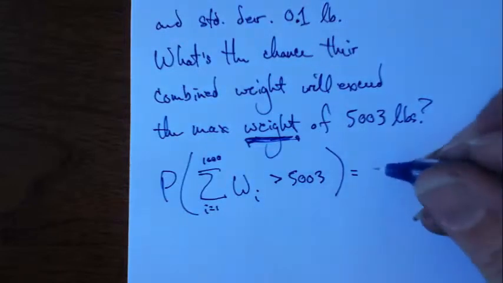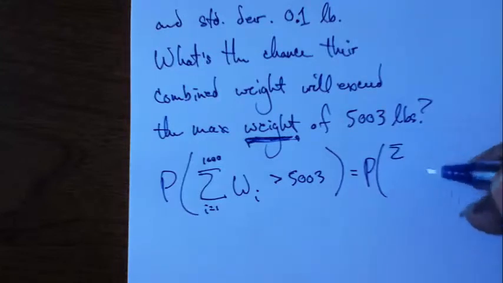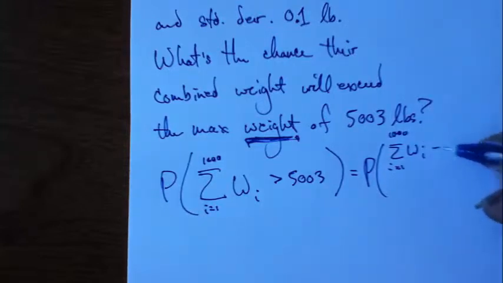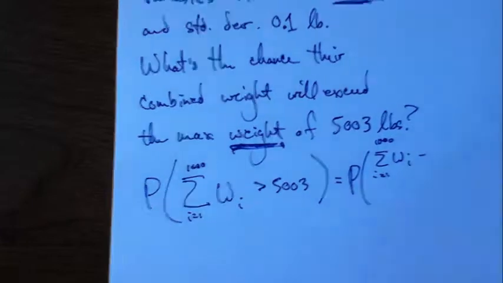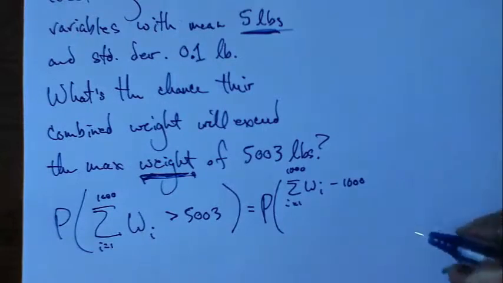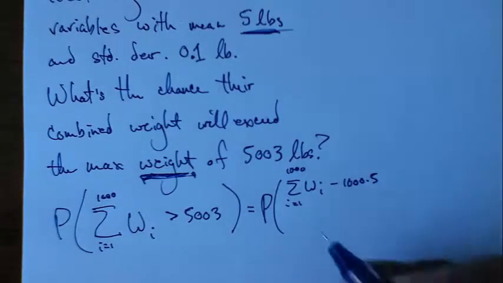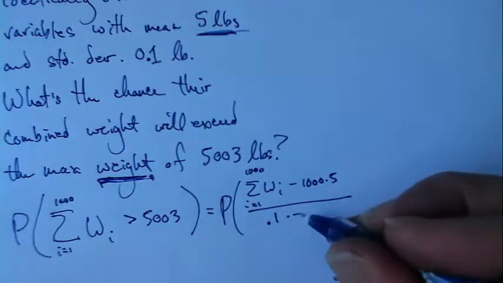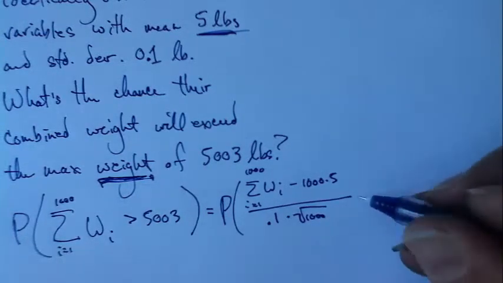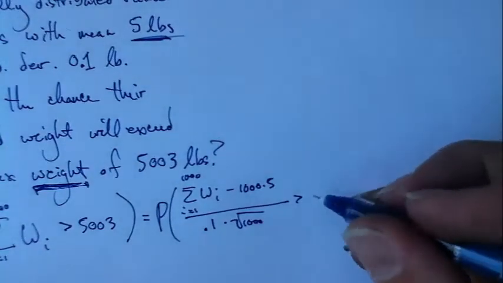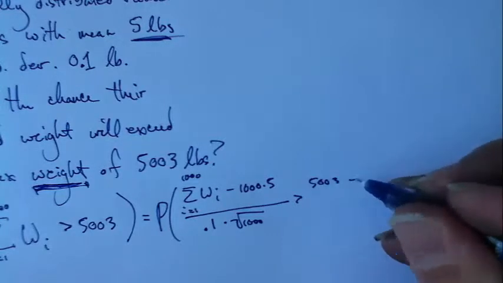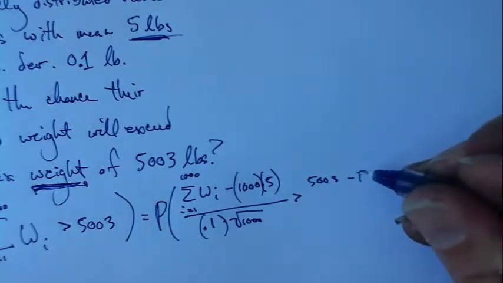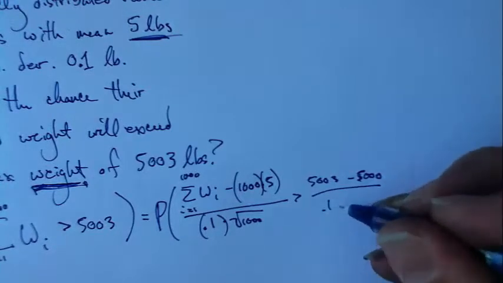This will be the chance that the sum from 1 to 1,000 minus the mean of this sum, which is n, the sample size, times mu, which is 5, and then divide by sigma times the square root of the sample size, 0.1 times the square root of 1,000, is greater than 5,003 minus 5,000 over 0.1 times root 1,000.